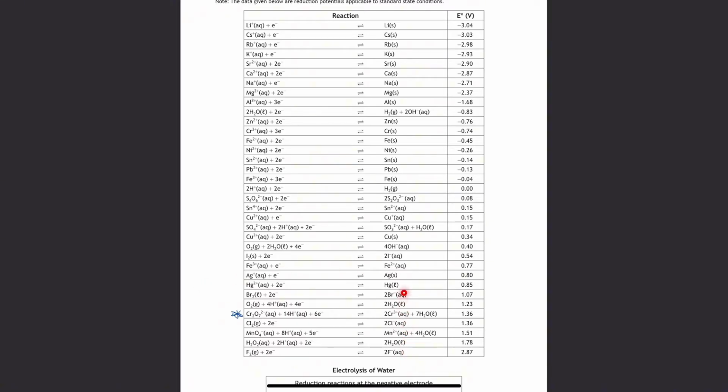You do have an equation with iron(II) here, but it's going in the wrong direction. So we need the iron(II) to be on the right hand side of the electrochemical series.